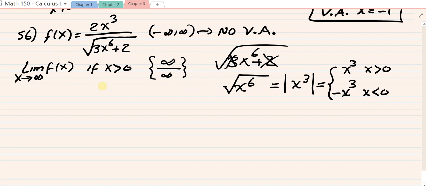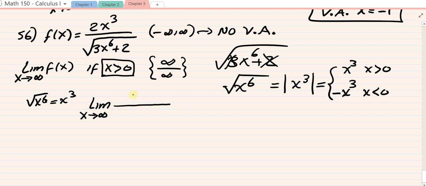Okay, so how we're going to deal with this is we know that the square root of x to the 6th is going to be x cubed, provided x is positive. So now we can actually manipulate this. I hate the sound of that word. Manipulate sounds like you feel guilty for doing something you're not supposed to be doing.